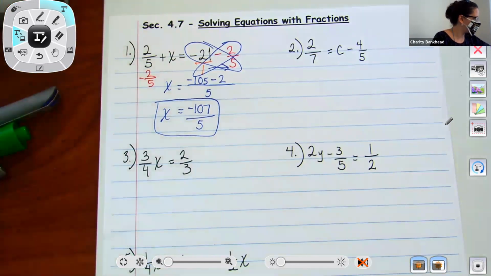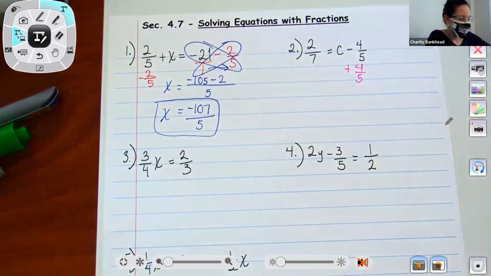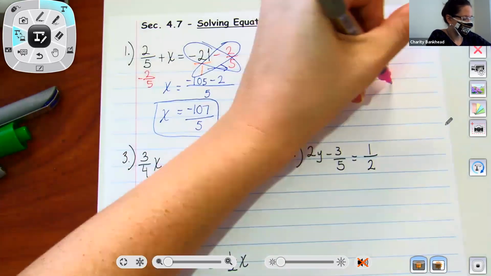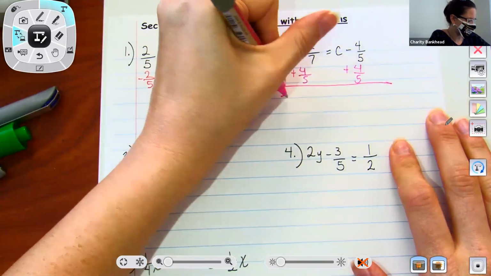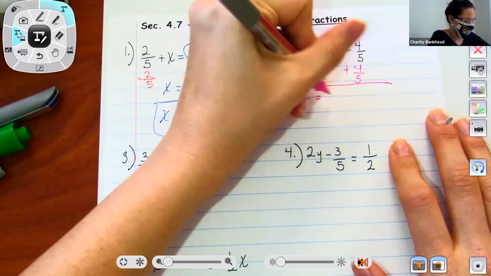Okay, number 2. We want to get the c by itself, so we're going to add 4/5 to both sides. So 2/7 plus 4/5 equals c.